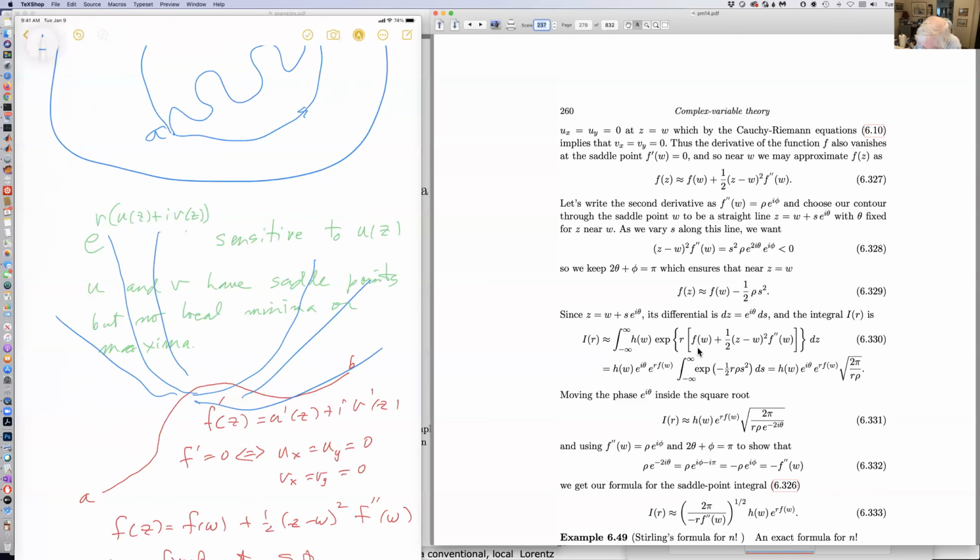And we're going over a pass here. So it's like what people who make railroads or just ordinary roads do. They choose a path for your highway or your railroad that goes through a saddle point.